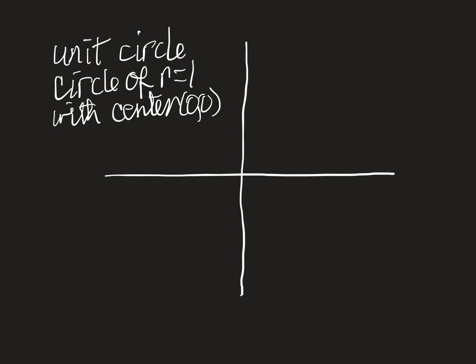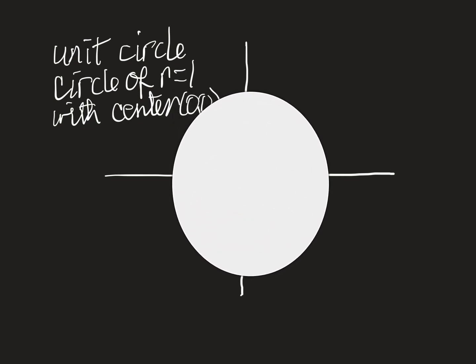So the first thing I want to talk to you about is what is a unit circle? A unit circle is a circle of radius 1, okay? Radius 1, and the center is at 0, 0. So whatever we let 1 be as an item, I'm going to try and grab a circle here and draw it, and then move it if I can.